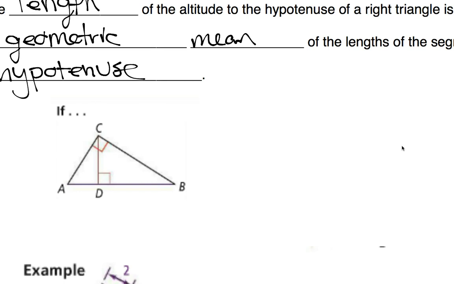So looking at this figure, we have AD over CD equals CD over DB.